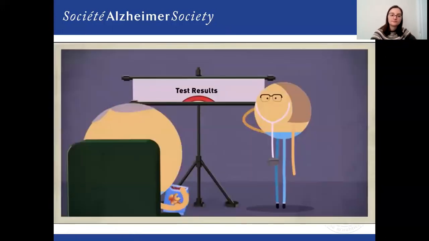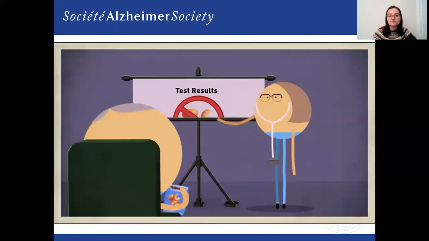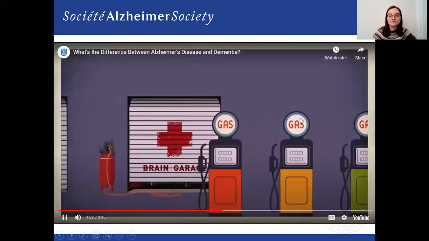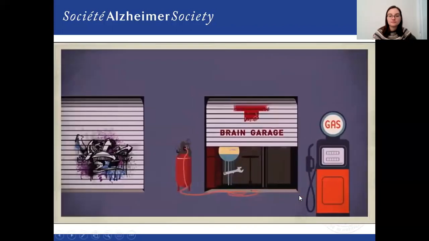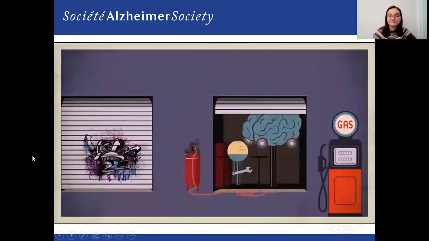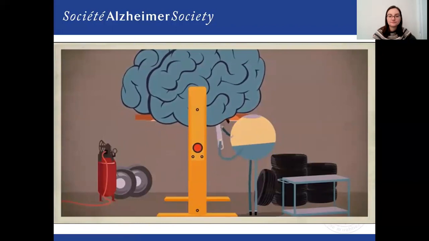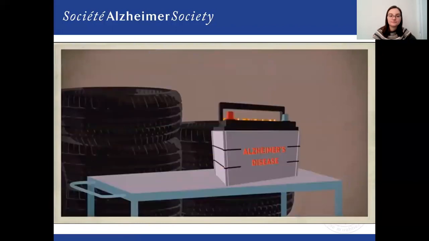After her examinations, she concludes that your shortness of breath is actually a nut allergy. Similarly, when dealing with dementia, your doctor needs to figure out the underlying cause. And while Alzheimer's disease is the most common cause of dementia, it's not the only one.